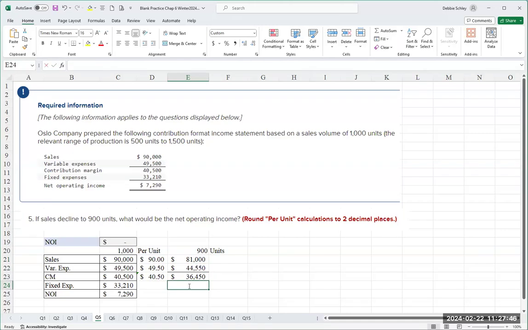And then my fixed expenses, because that's a total fixed expense, is still going to be the same, no matter how many units I produce and sell, whether it's 900 or 1,000 or 500 or 1,500, my total fixed expense will remain 33,200. So then I just need to subtract and take the contribution margin minus the fixed expenses equals the net operating income of 3,240.